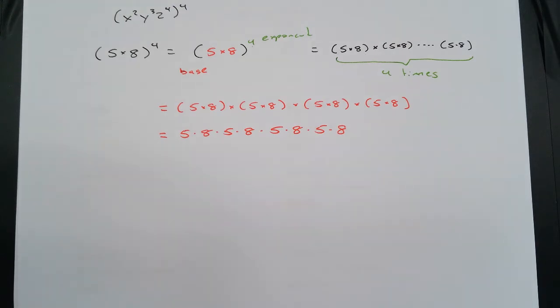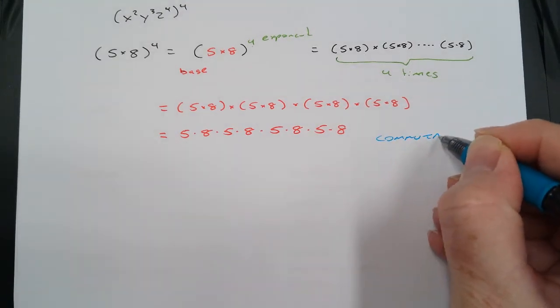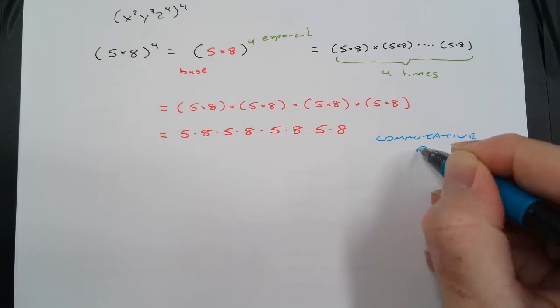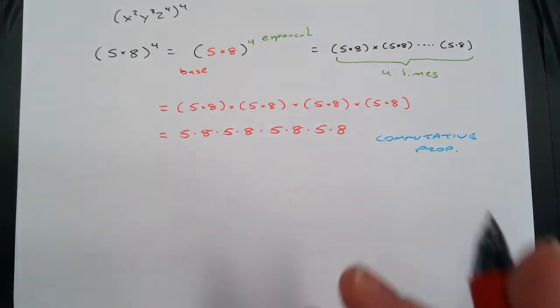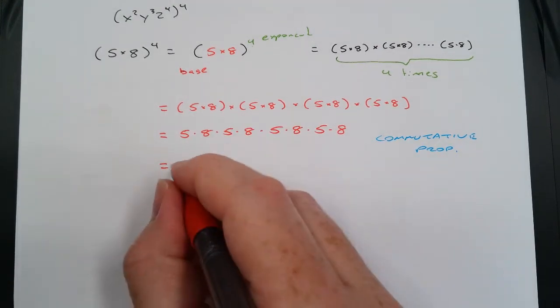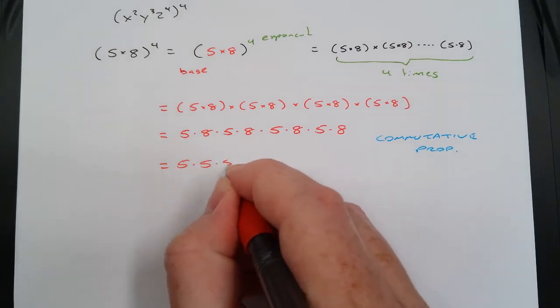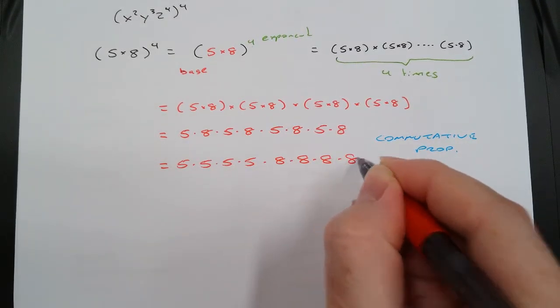And because it's all multiplication, I remember there's something you've learned before called the commutative property. The commutative property tells me that if everything is multiplication, I can move the numbers around. So I'm going to move them around to put all the 5s together and all the 8s together.